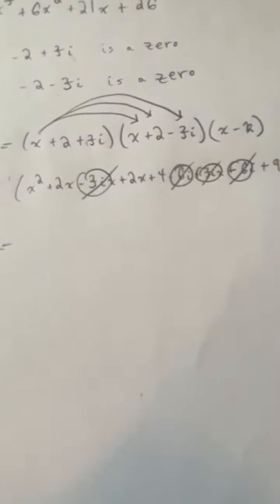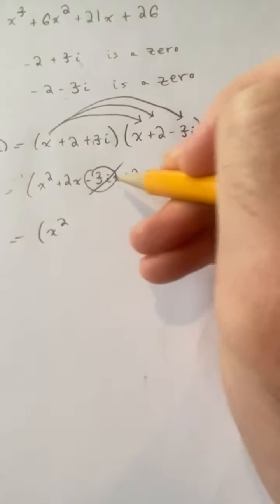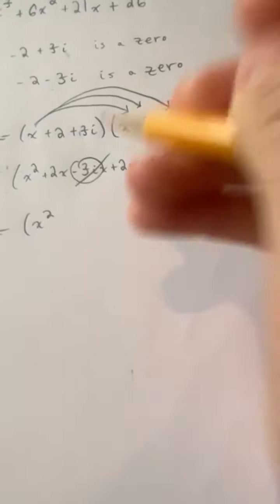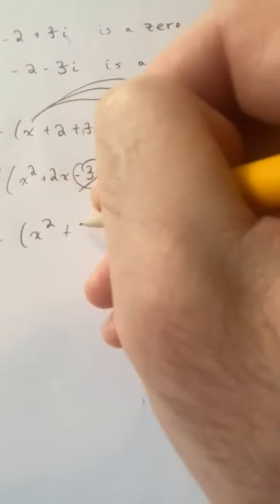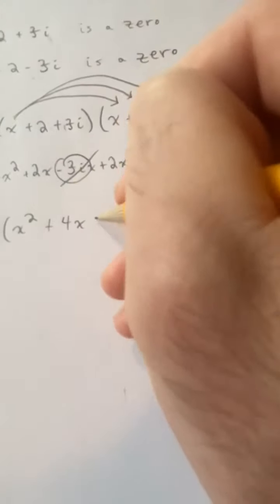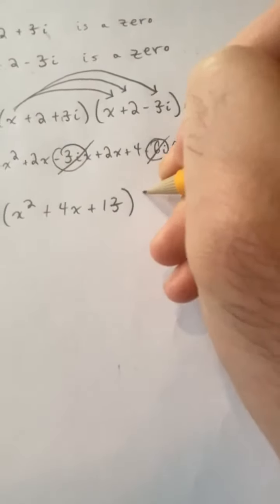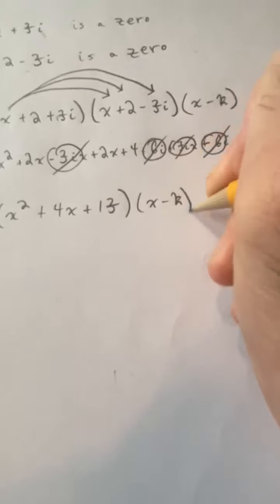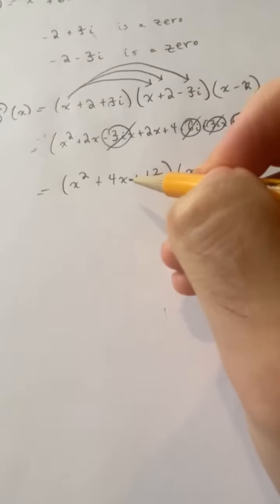So what's left over is x squared, and we have these two x's, so x squared plus 4x, and then we have 4 and 9, so plus 13, times x minus k. We still don't know what x minus k is. Here's how we figure it out. Instead of using synthetic division or synthetic substitution, we're going to use polynomial long division.